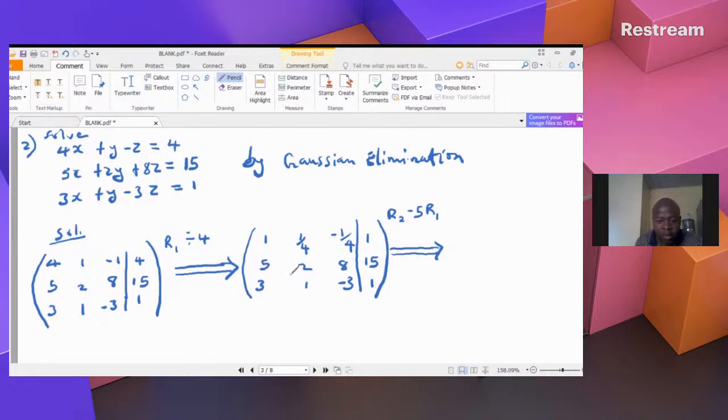To get the new row 3, I want this to be a 0, so it means that I take the entire row 3 minus 3 multiplied by row 1. So let's do this and see what we get. Row 1 remains the way it is.